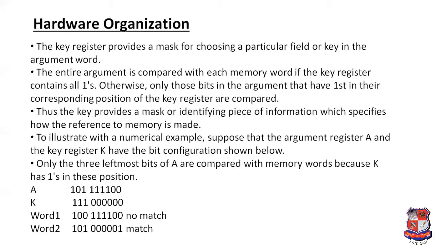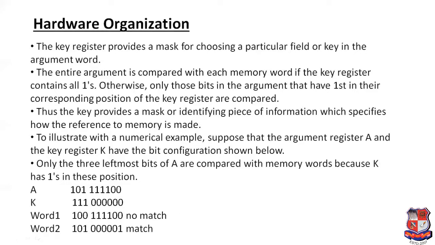Only the three leftmost bits of A are compared with the memory words because K has ones in this position. Now, A is the argument register which has the data bits 1 0 1 1 1 1 0 0 0. The key register K has the data bits 1 1 1 0 0 0 0 0 0. Now, the comparison is done by the argument register to find the match using word 1 and word 2.